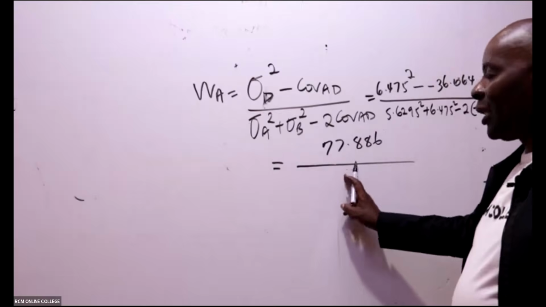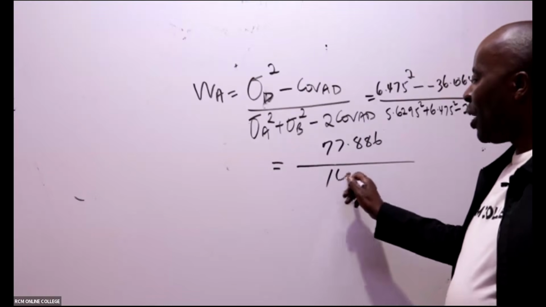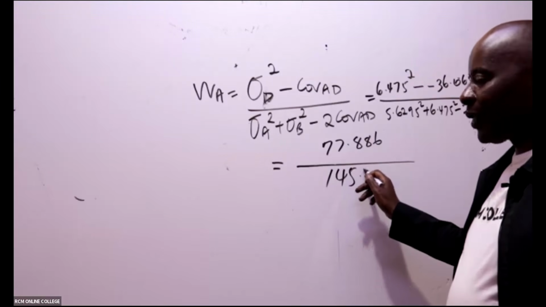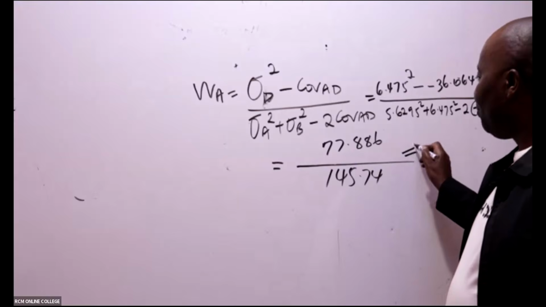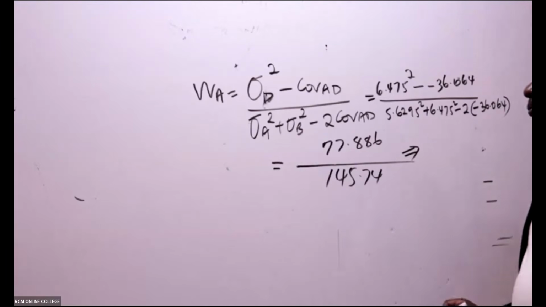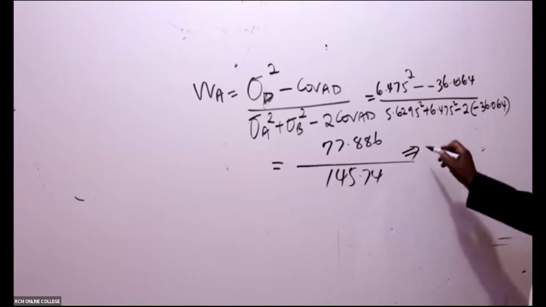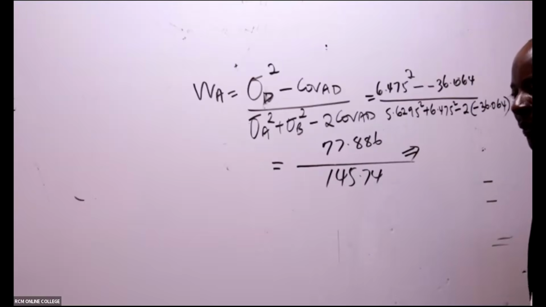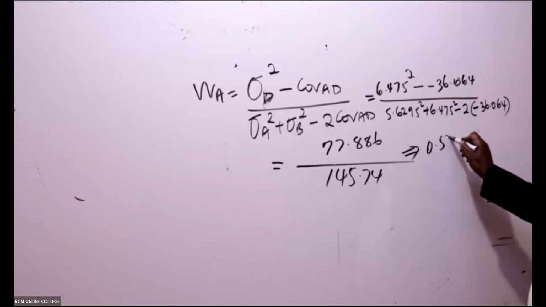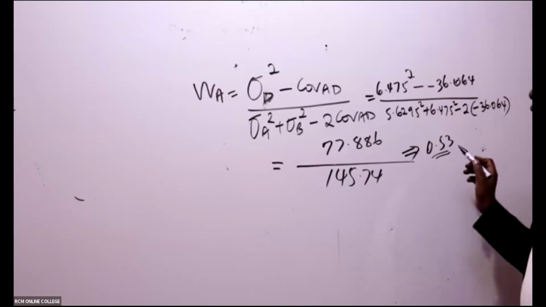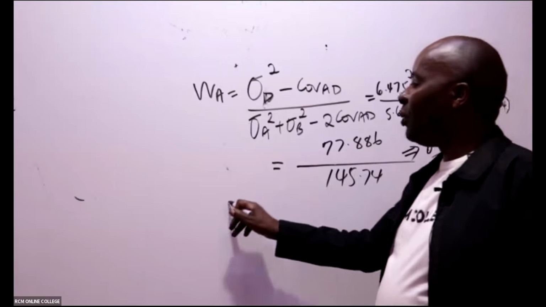Give me an answer for the denominator. 145.74. Which gives me what final answer here? 0.53 or 0.52, the same. So if the weight of A is 0.53, what do you think will be the weight of dog?